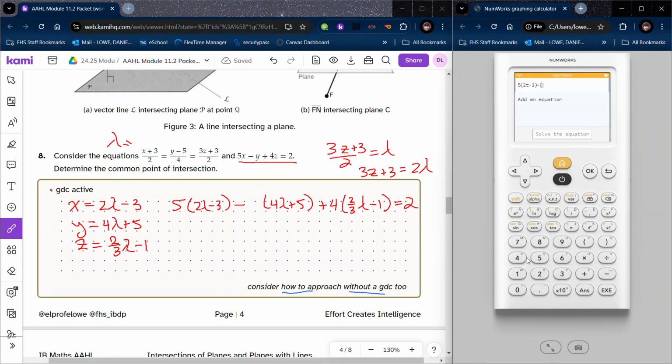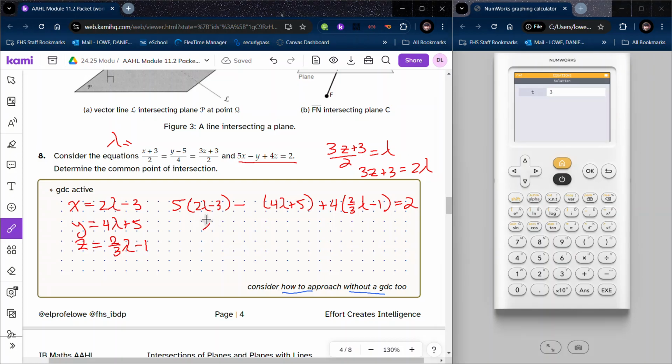So minus parentheses 4 times my parameter plus 5, close parentheses, and then plus 4 times the parametrized form of my z coordinate, which would be 2 over 3 times my parameter. We'll use t like we said, minus 1, and that needs to be equal to 2. Using my calculator, I can solve the equation, and I see that my parameter is equal to 3.